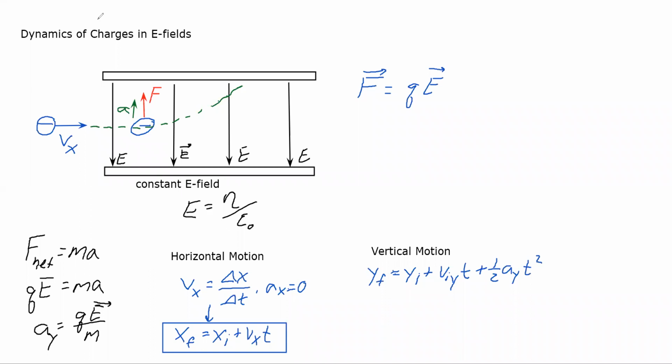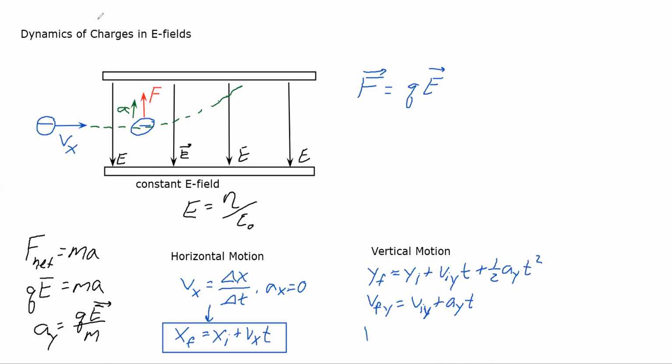Then we have v final y equals v initial y plus ay t. So we're thinking about vertical components versus horizontal components.